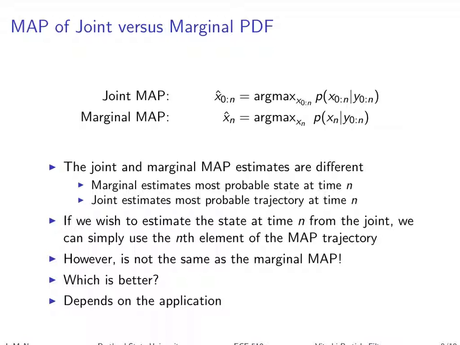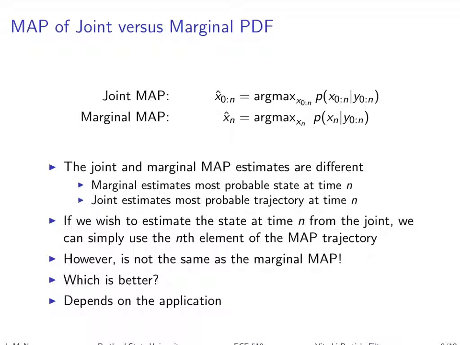And I tried to emphasize last time that there's a big distinction between the joint MAP estimate or mode and the mode of the marginal. These are not necessarily the same. What the Viterbi is trying to give us is the thing that maximizes over all the possible state trajectories, which state trajectory maximizes the joint posterior.